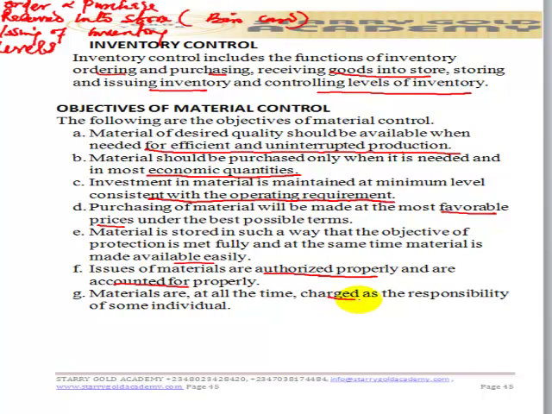So we should ensure that the person who is responsible for monitoring, issuing, purchase, and receiving are charged with the responsibility, and it is ensured that the responsibility are carried out effectively and in the best interest of the company. So these are some of the objectives of material control.